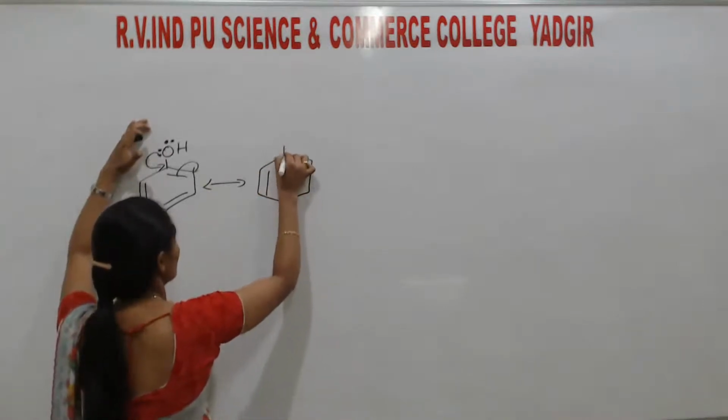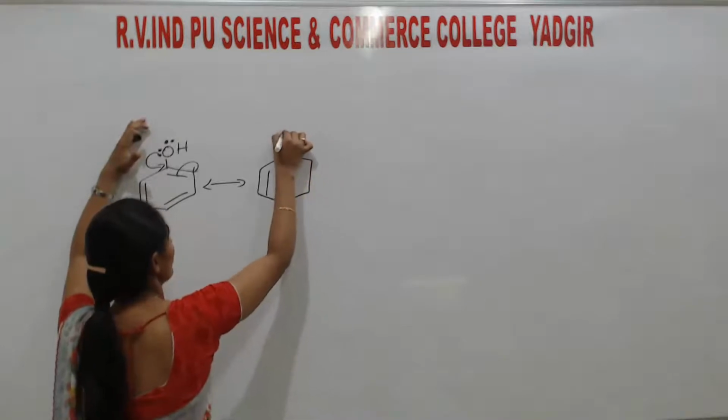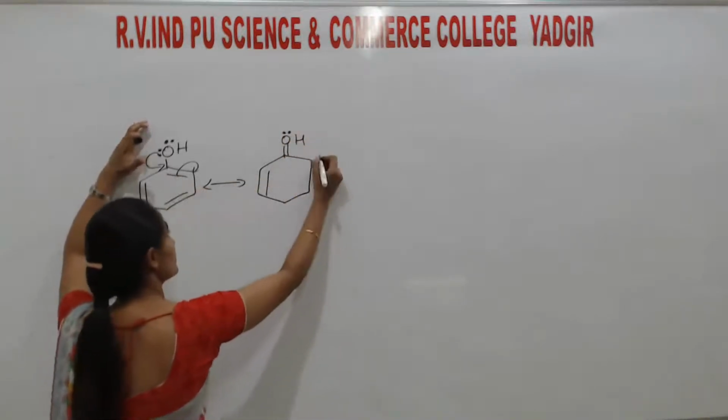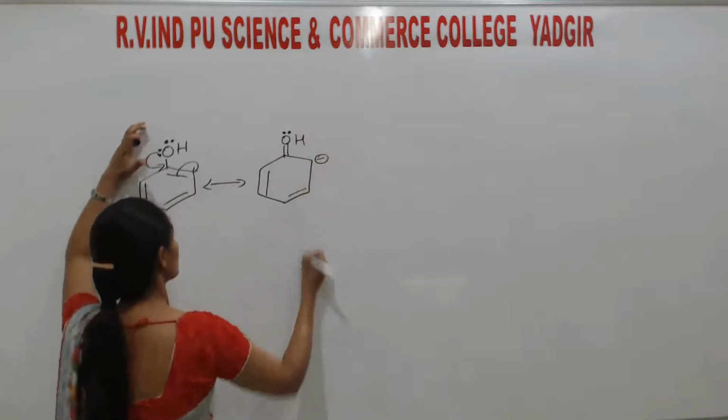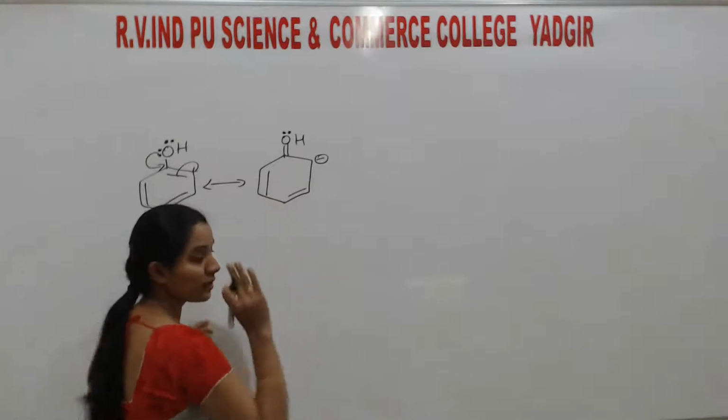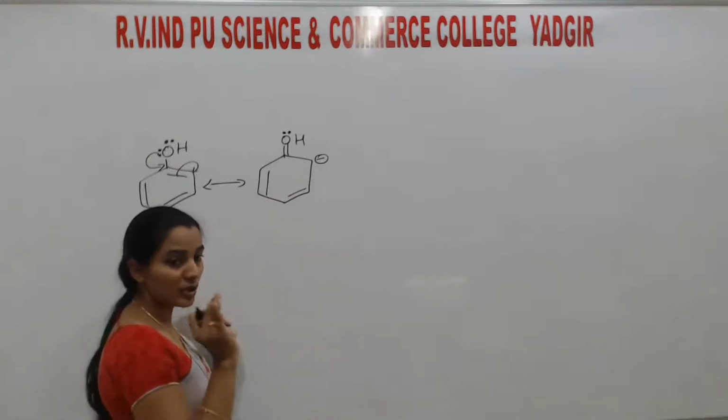Benzene ring, here double bond, OH, only one pair of electrons. So here these electrons shift, means that is minus in charge.